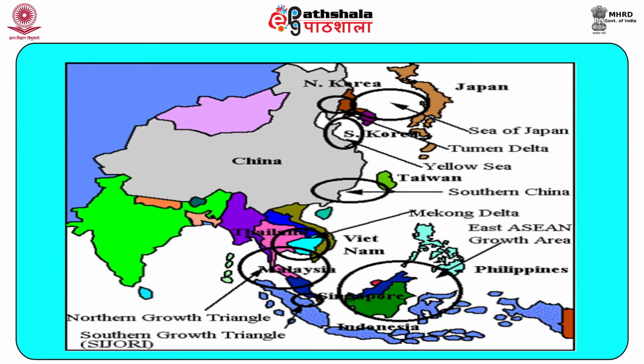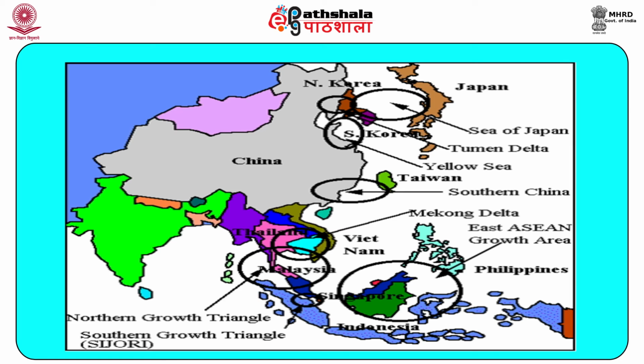4 growth triangles have been established since 89 involving parts of 11 countries. As shown below in the map, there are currently 8 growth polygons in East and Southeast Asia, with additional triangles being planned in the future.